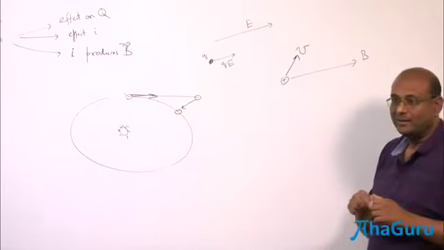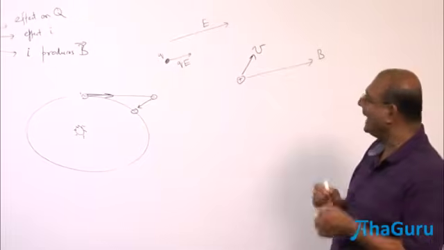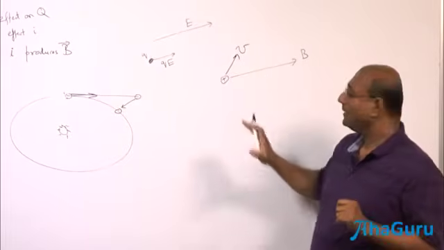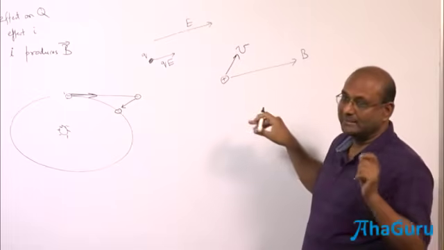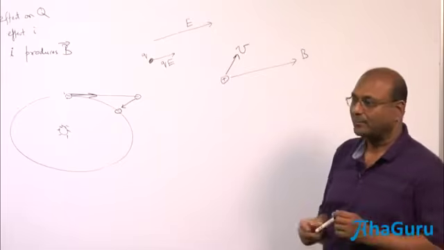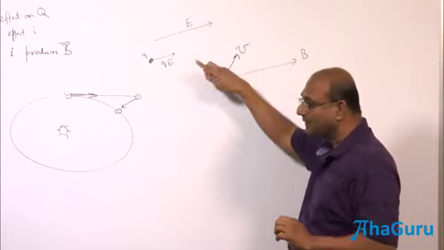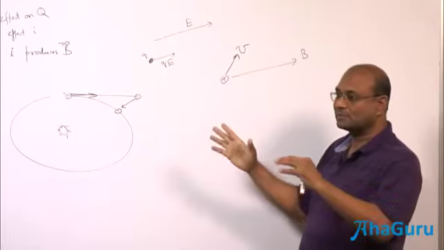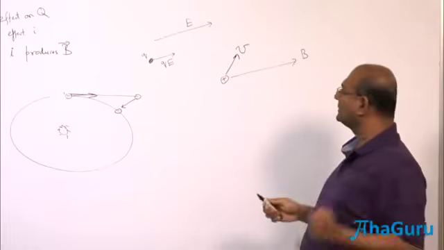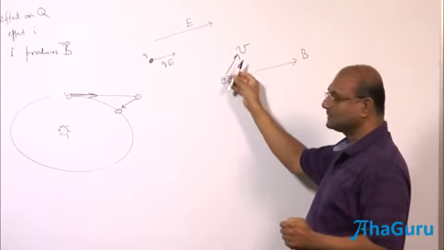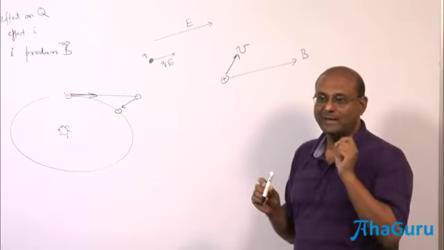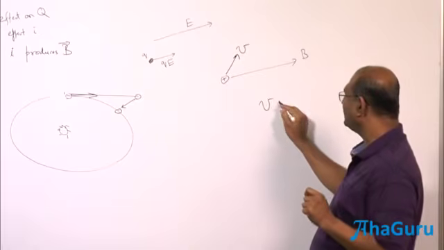The same way, there is a force that acts on this guy. How do we know? Experimentally we know this. Now, I don't think they started with cross products. In fact, they didn't even have the notion of a vector. They just found out that at various different directions, the force also goes in different directions. Today, you summarize all of those experiments, you say, well, if the V is this way and B is this way, the force is perpendicular to both V and B, and we have a nice way of writing it.